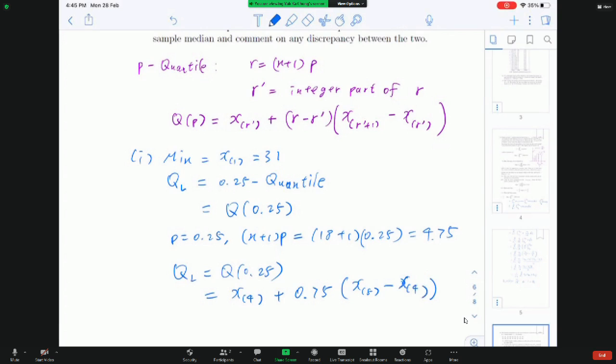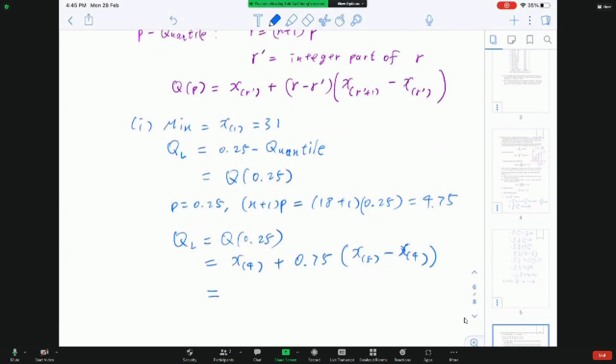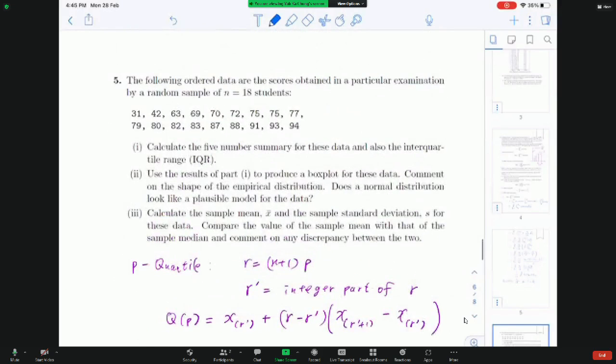This will give us a number between the 4th smallest number and the 5th smallest number, with a distance proportional to 0.75, the fractional part of the index. From the data set, we find that the 4th smallest number is 69, which is this one, and the 5th smallest number is 7.